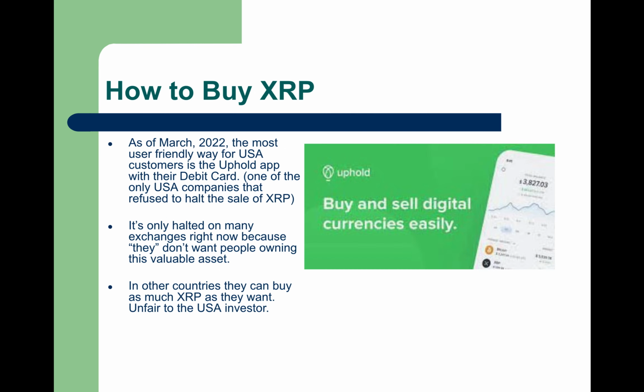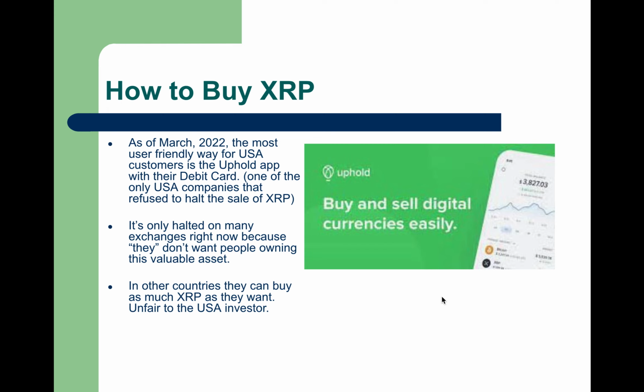All right, we're gonna continue here. So the most important thing: how do I buy XRP? Okay, they've made it really hard for new investors. I mean, there are other exchanges like KuCoin. I like KuCoin, and there are other ones like Binance, but you can't. In the United States, it's almost impossible to buy XRP, other than Uphold. Uphold is the exception. That's why I'm talking about it.